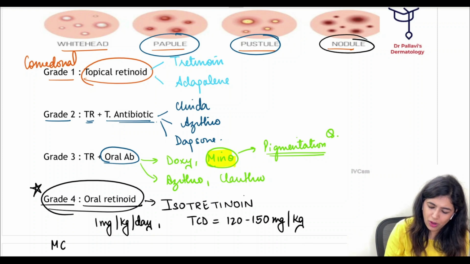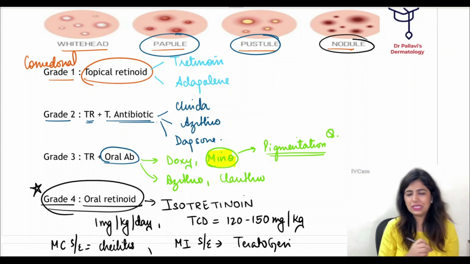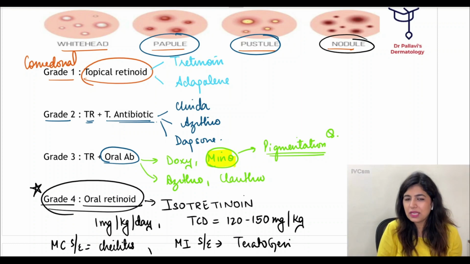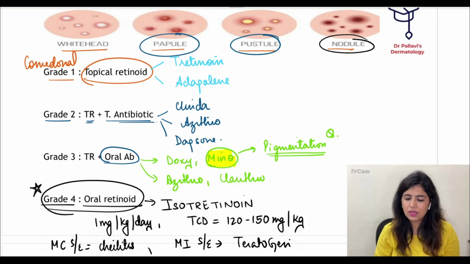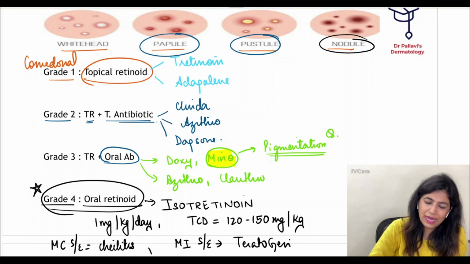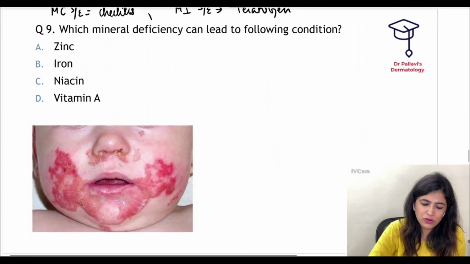The most common side effect for this is cheilitis, which is dry chapped lips, but the most important side effect, yes, tell me, it is teratogenicity. So the prerequisite for starting isotretinoin in a woman of reproductive age is a negative UPT. You always do a negative UPT before you start isotretinoin. And the patient is supposed to use a double contraceptive while they are taking this drug.